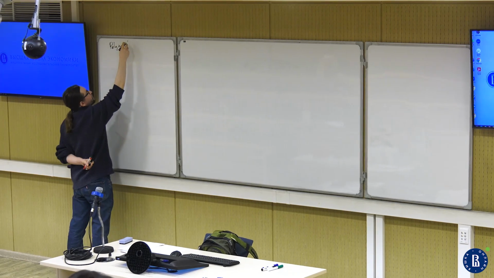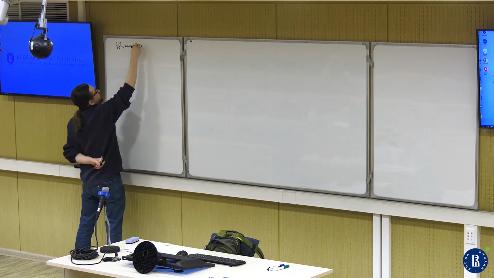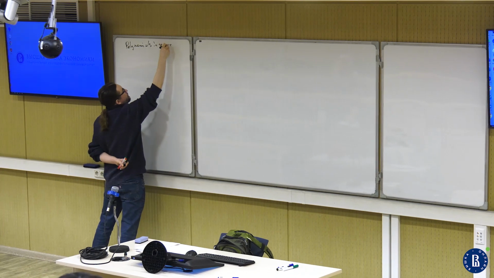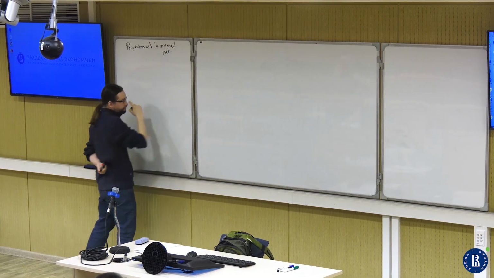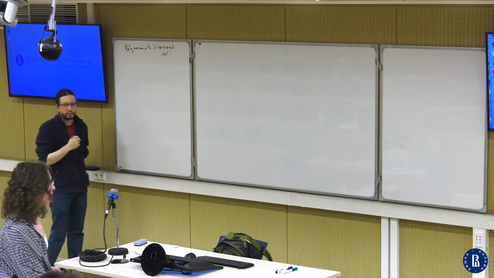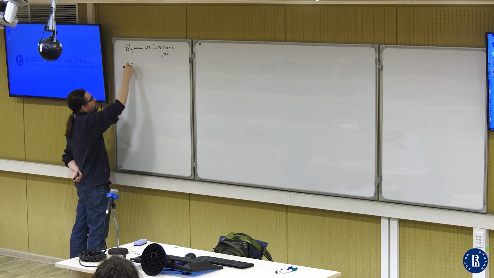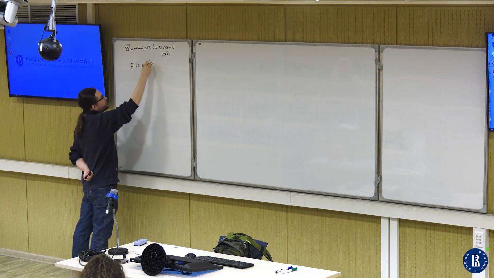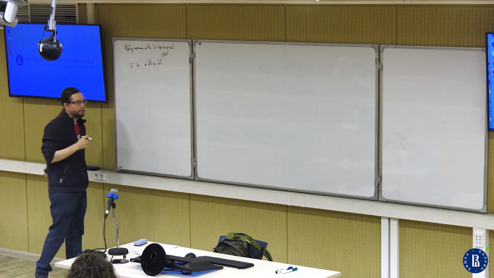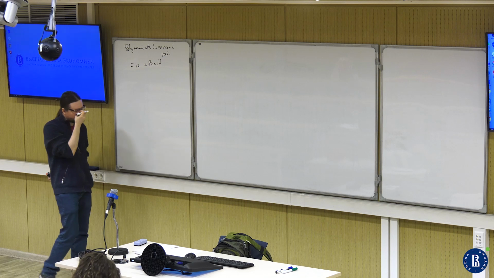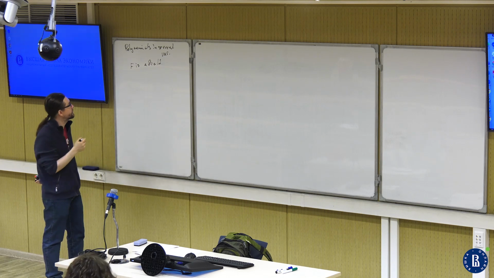Polynomials in several variables. As usual, let's say F is a field. Then what is a polynomial in variables x1, ..., xn?